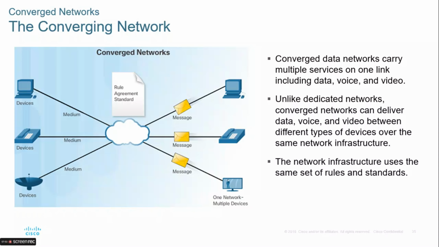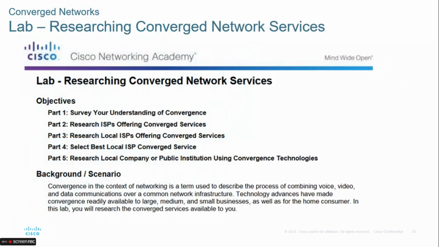There is an organization responsible for standards, the International Organization for Standardization, ISO, and it achieves that through the OSI model, the Open Systems Interconnection model. I'll talk about that.